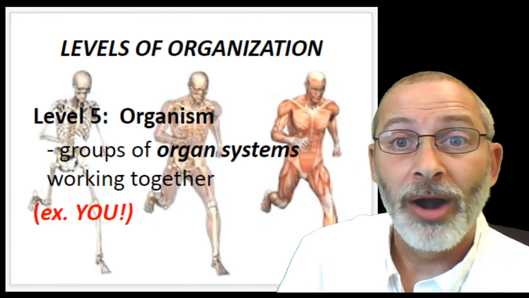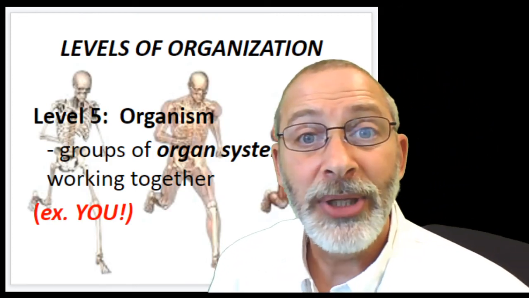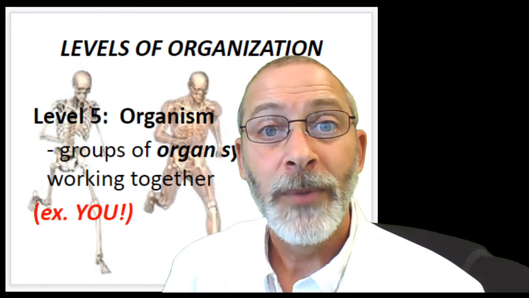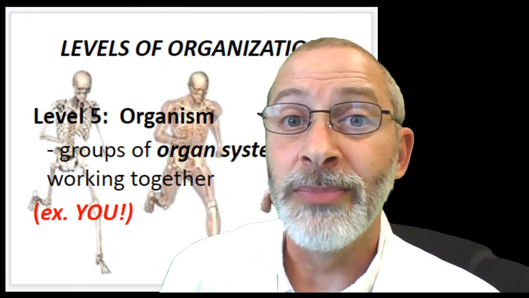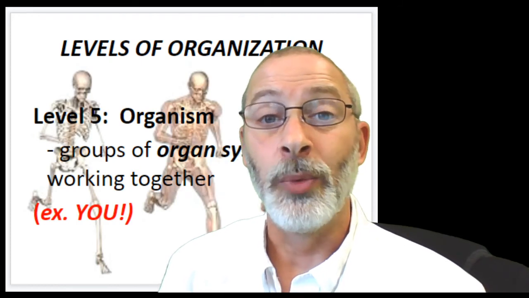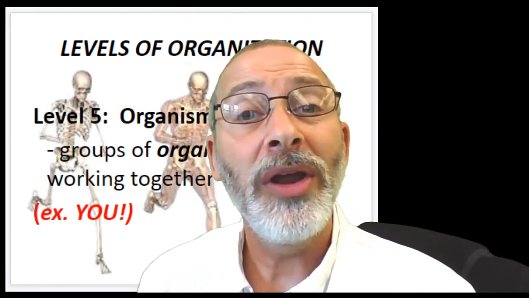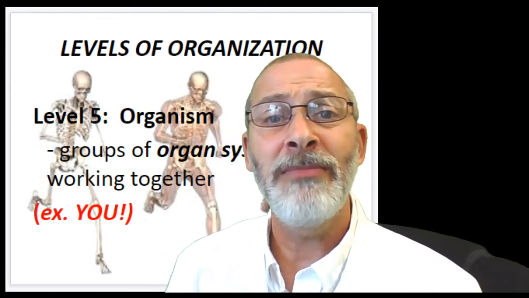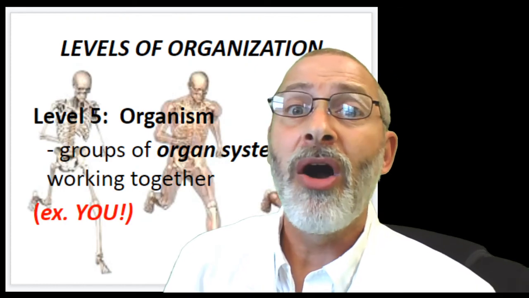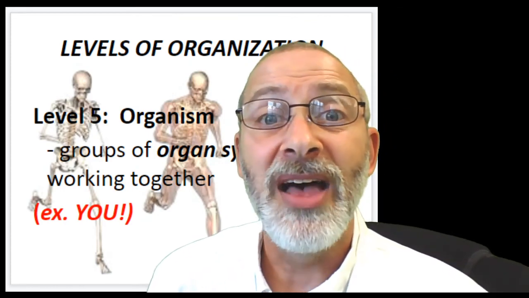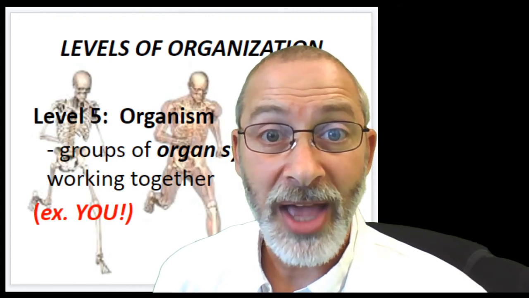You are a complete organism. And as a complete organism within your body, you have organ systems working together. And within those organ systems, you have organs made of all the same kind of tissue. And all of those tissues are made up of cells, which are the basic building block of life.